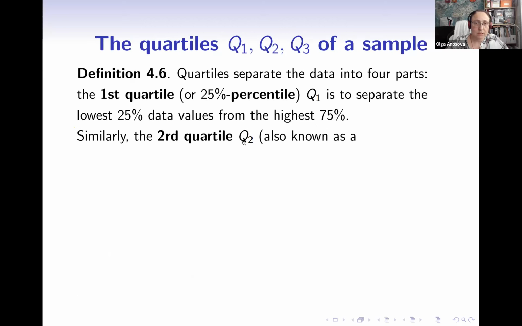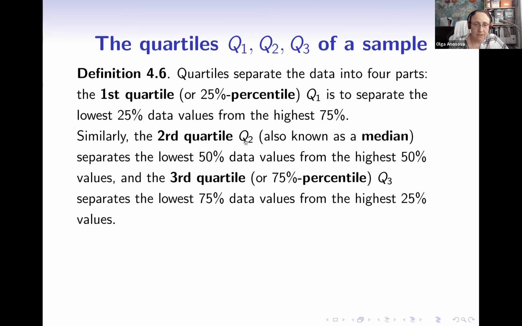The second quartile separates the data into exactly 2 parts. So do we know the name of the second quartile? It separates the lowest 50% of the data from the highest half of the data. Yes, absolutely. That's called a median. Very good.